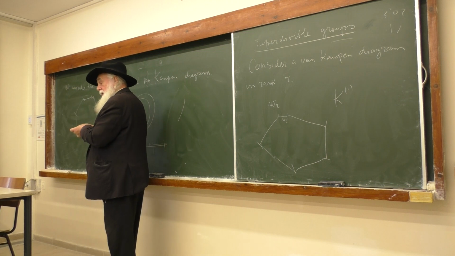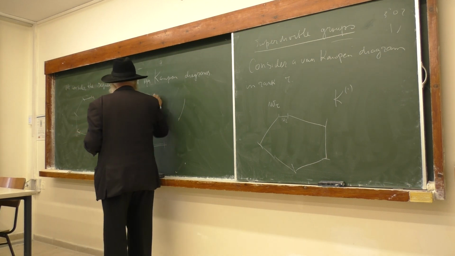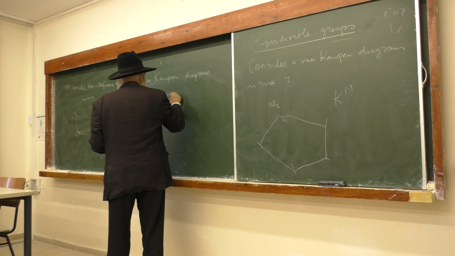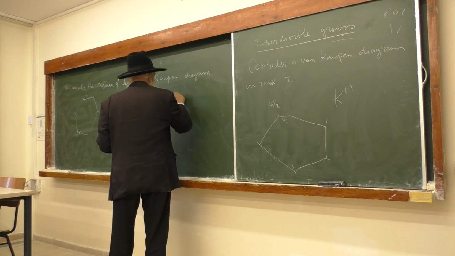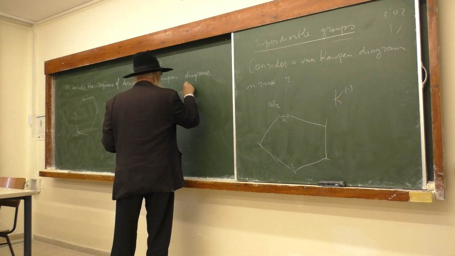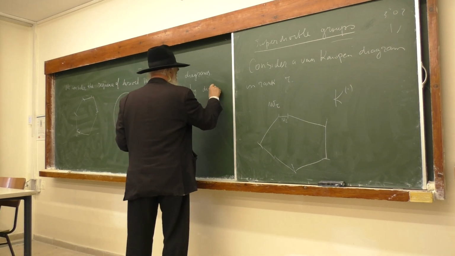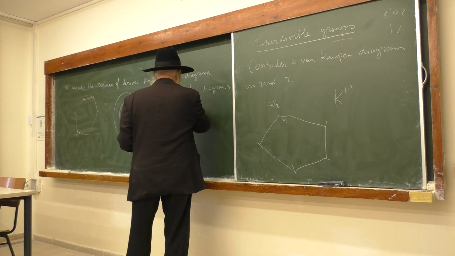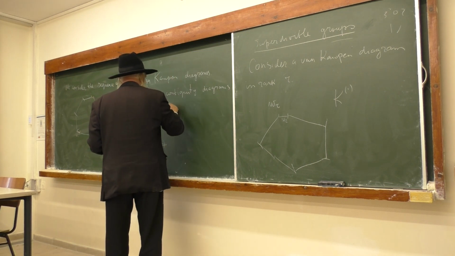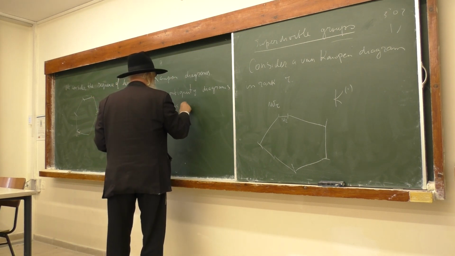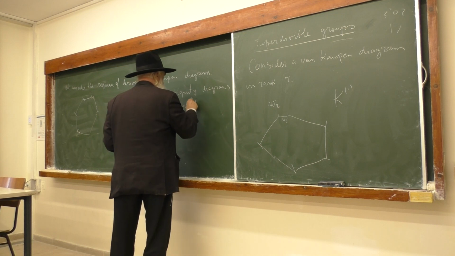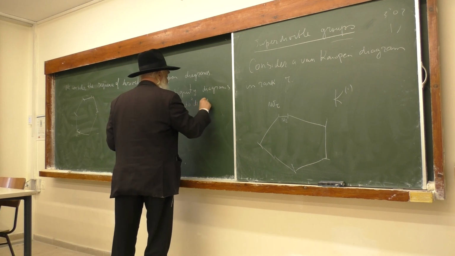So it means that the contiguity diagrams collapse into a direct meeting.